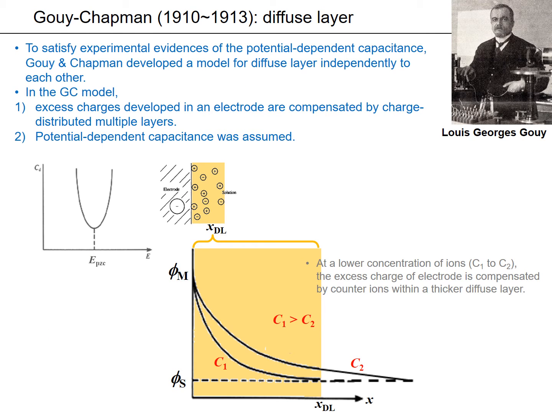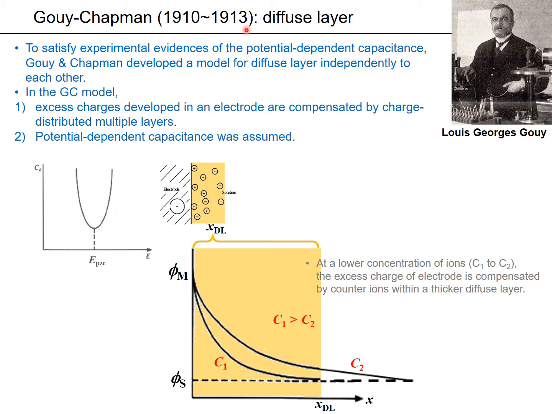The second model is presented by Gouy and Chapman around 1910 to 1913. So they developed the diffuse layer.